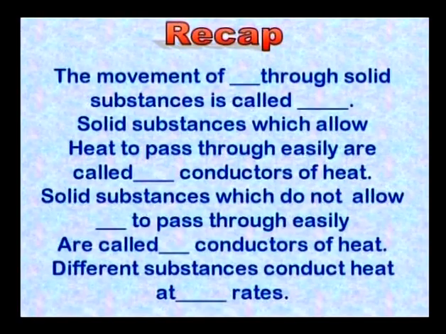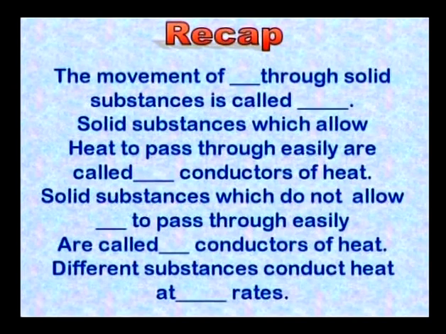Now, let's see what we have to put into those spaces. The movement of, what do we say? Heat. Okay, heat through solid substances is called conduction. Solid substances which allow heat to pass through easily are called good conductors of heat.